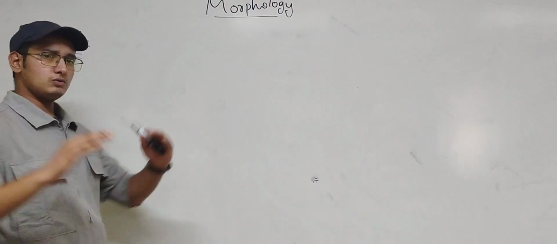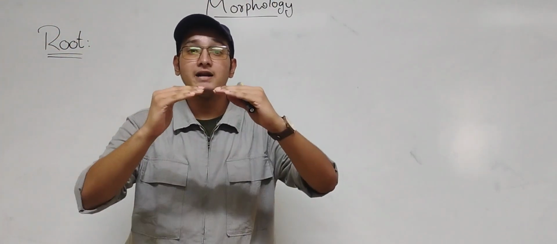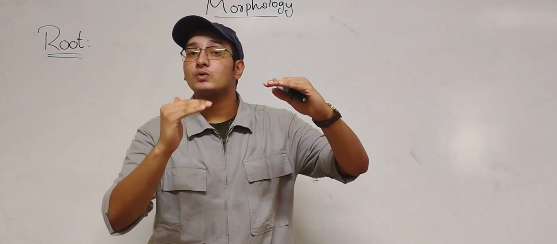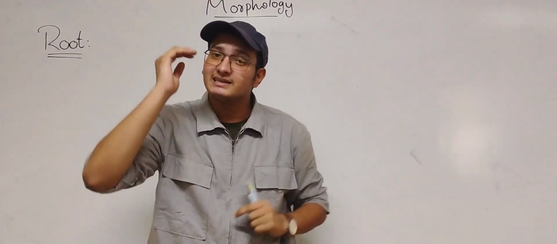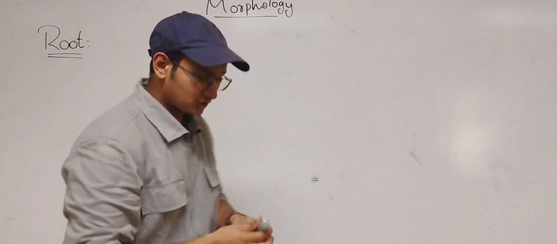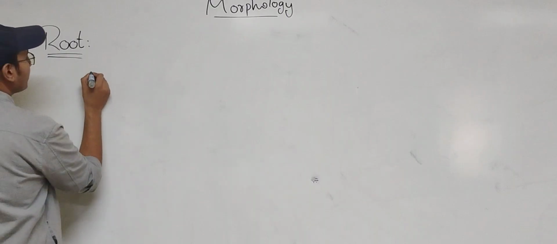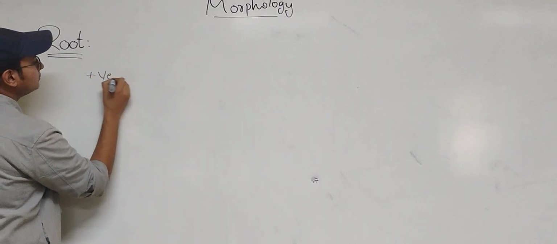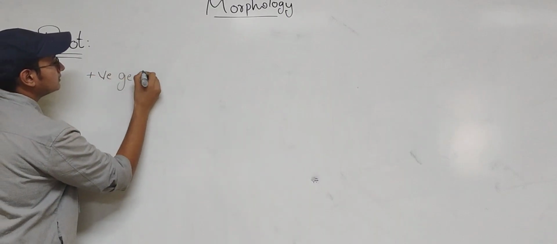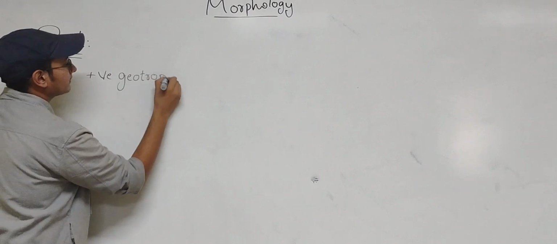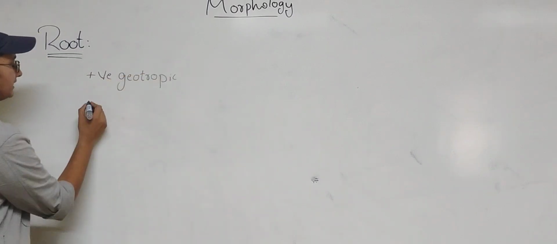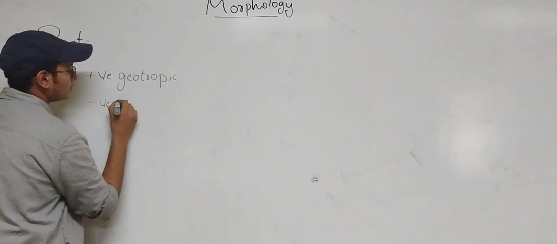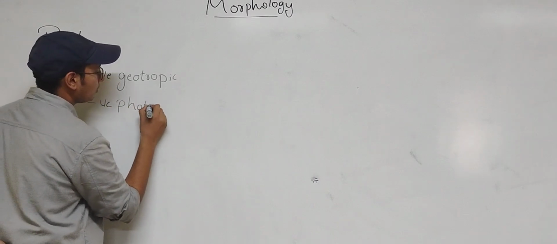So what is a root? If we take a plant, the part which is below the soil is known as the root system and the part which is above the soil is known as the shoot system. The root is positively geotropic, which means it grows towards the ground, and negatively phototropic.